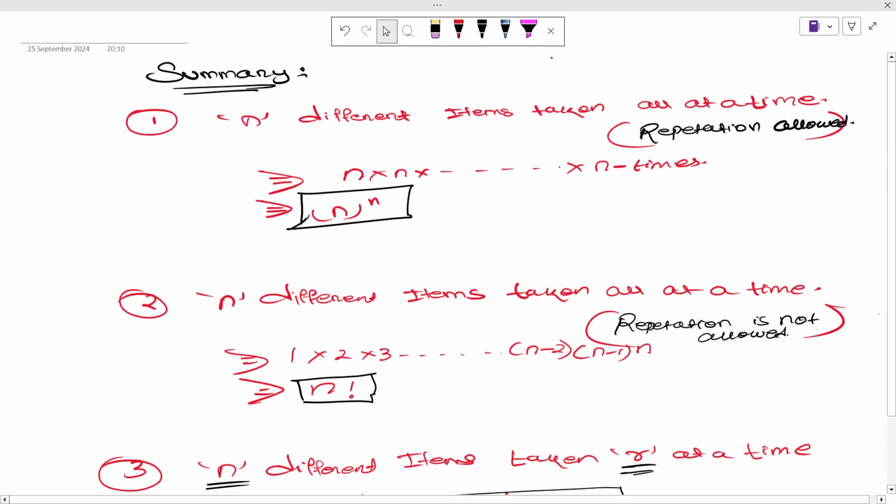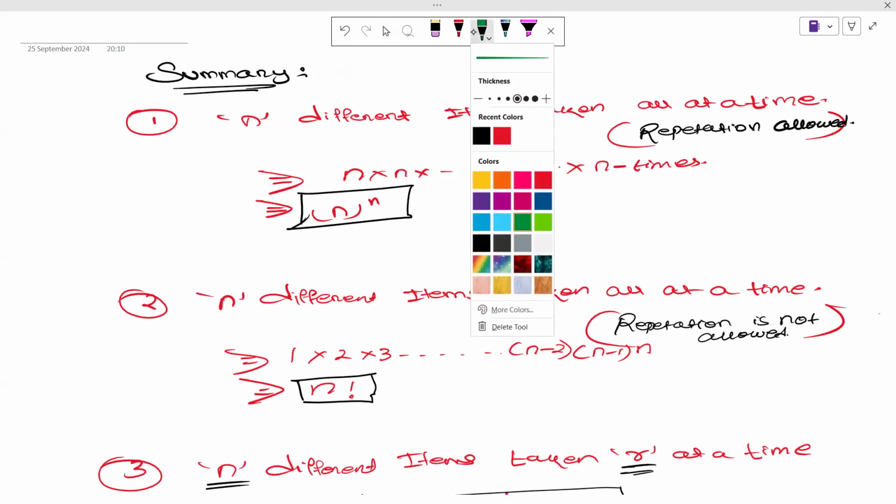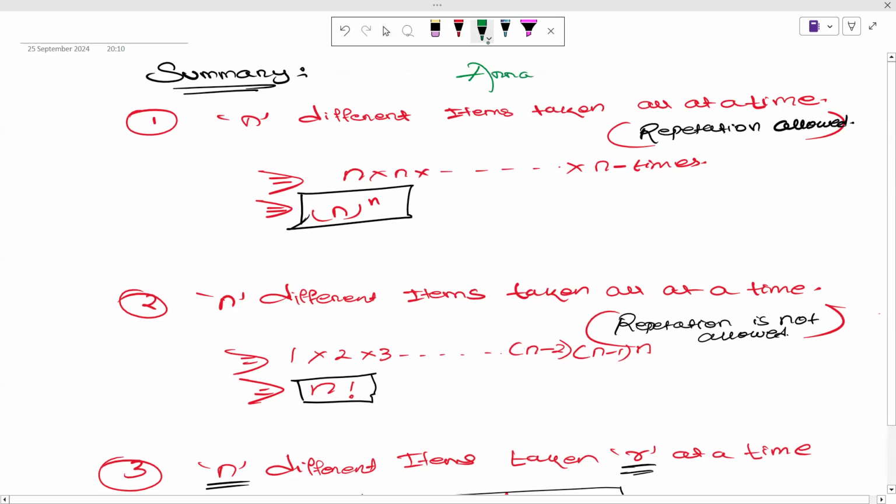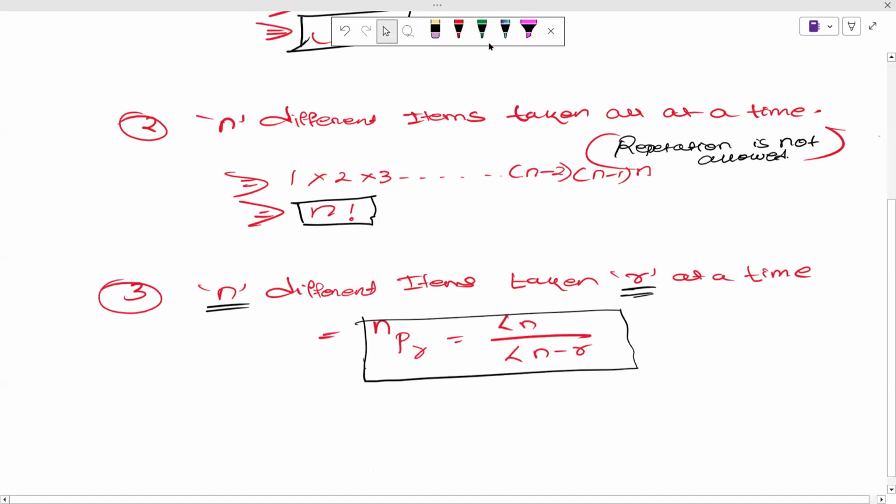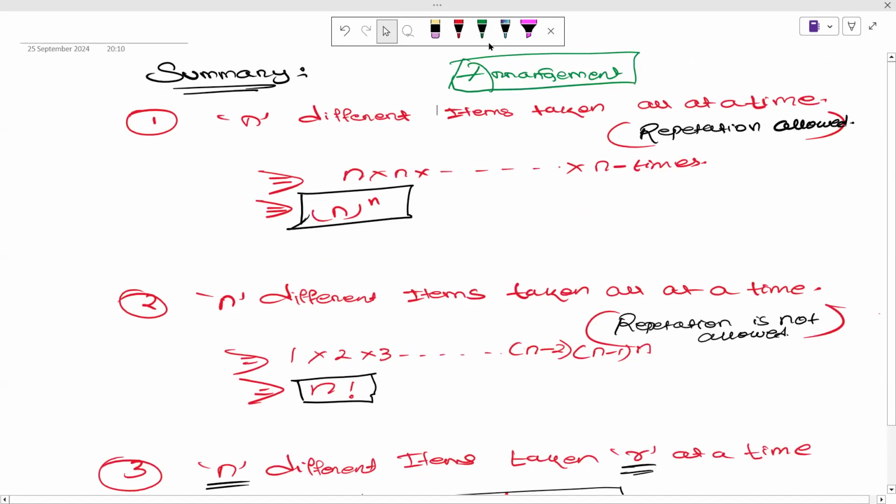Now here we discuss all about the arrangement. If n different items are arranged where repetition is allowed, then we just multiply.